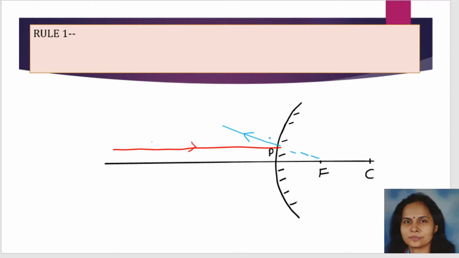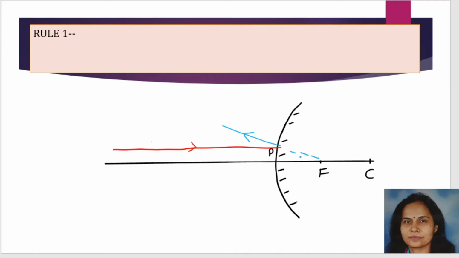Be careful while drawing it that this reflected line and this dotted line should be one straight line. There should not be any bending in between. Now why have we drawn this dotted line here? Because this dotted line is actually not present. This is an imaginary line. If we draw it backward, there is no such reflected light behind the convex mirror.